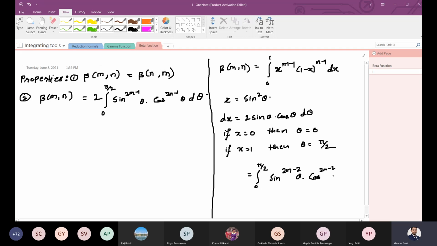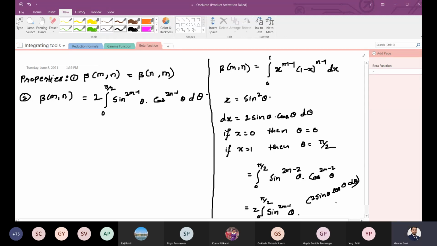The value of dx is sine theta cos theta d theta. So if you do the multiplication, sine raised to 2m minus 2 into sine theta, that will be 0 to pi by 2 sine raised to 2m minus 1 theta.